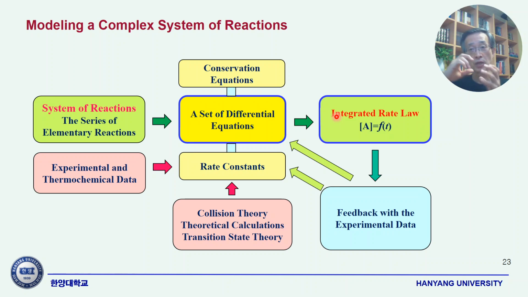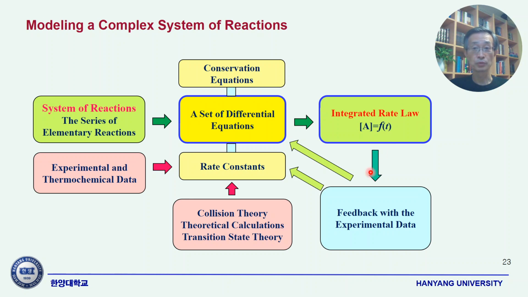which shows us the concentration of reactant or product as a function of time. And then, of course, by doing experiments, we can also produce concentration as a function of time.